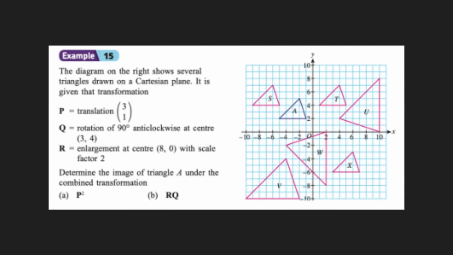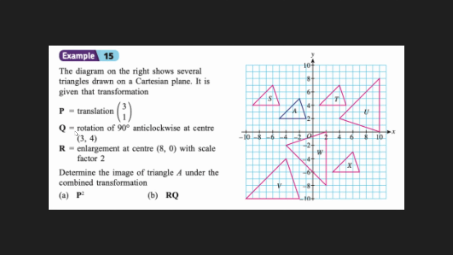Next, from the diagram on the right, several triangles are drawn on a Cartesian plane. It is given that the transformation P is the translation (3, 1), which is 3 to the right and 1 upwards.